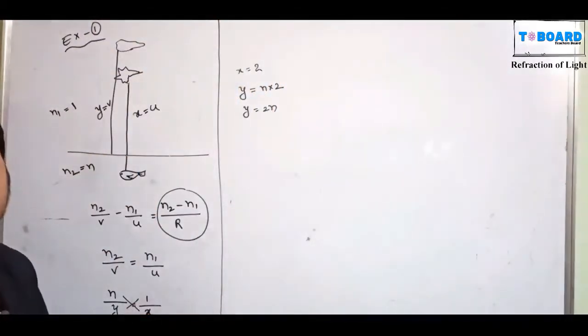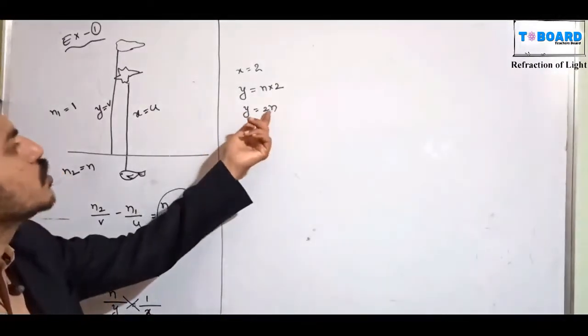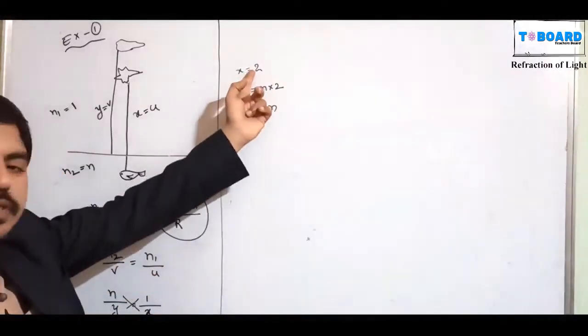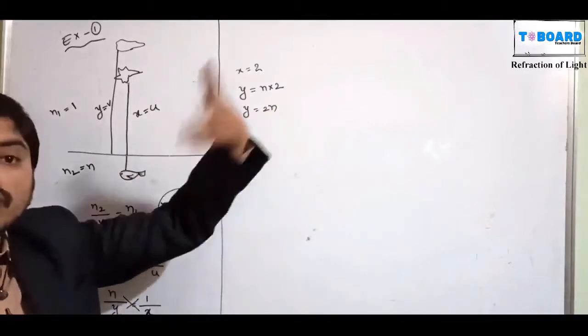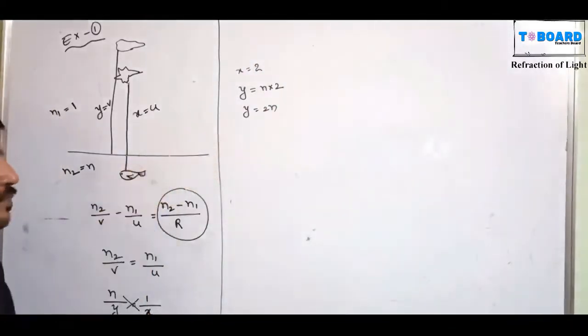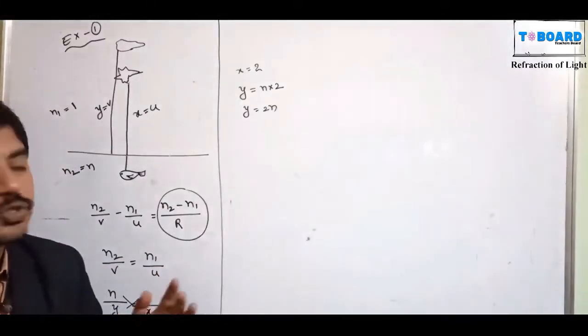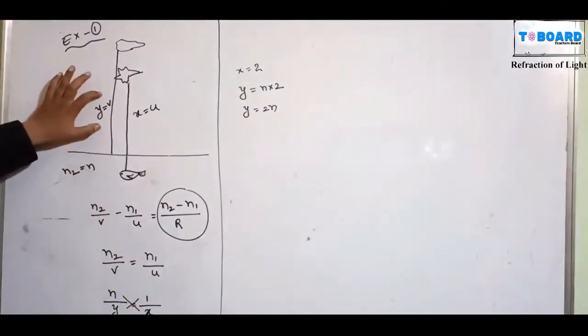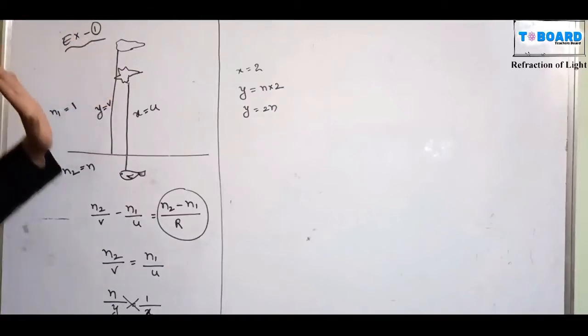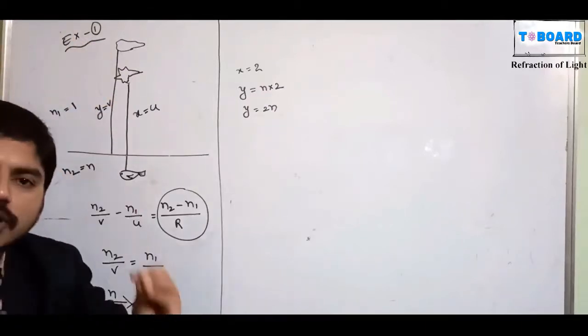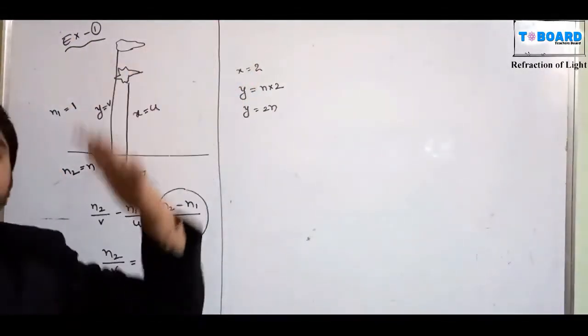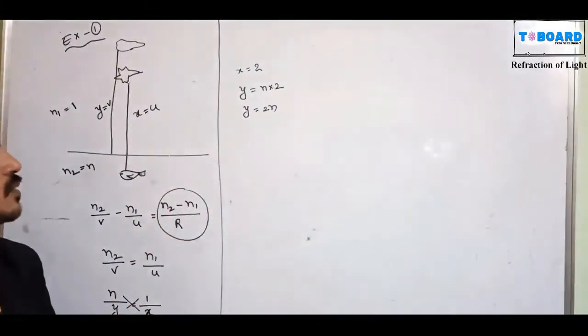If the x value is 3, then y is 3n, more than 3. So a multiple of n will be there. That's why the image position is more than the object position, and the bird will appear far away from its actual position. That is the reason.